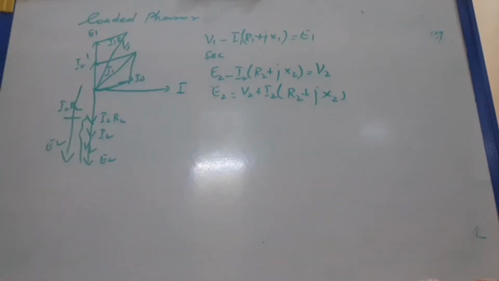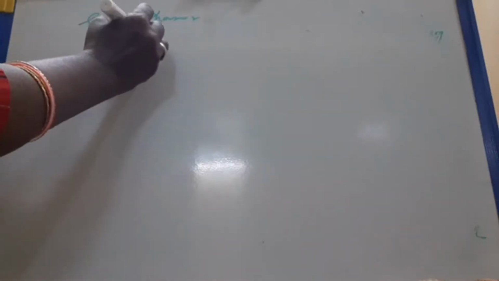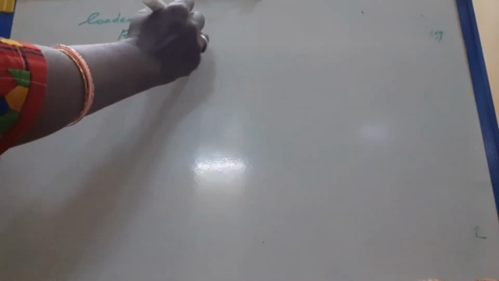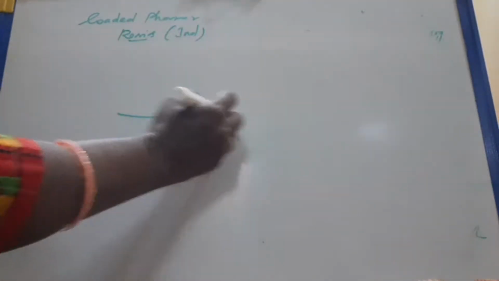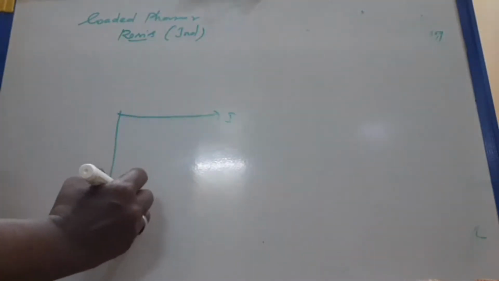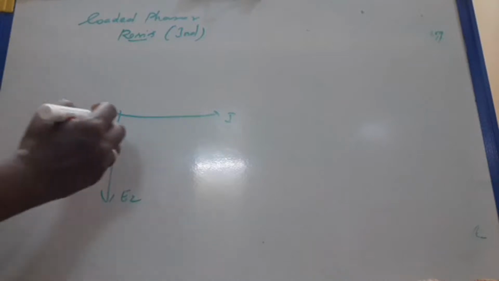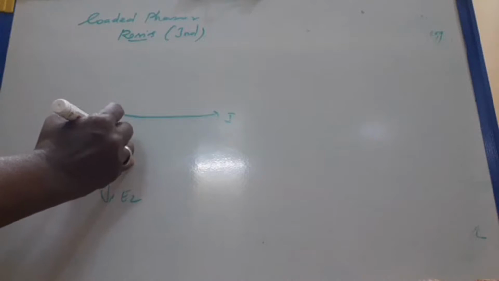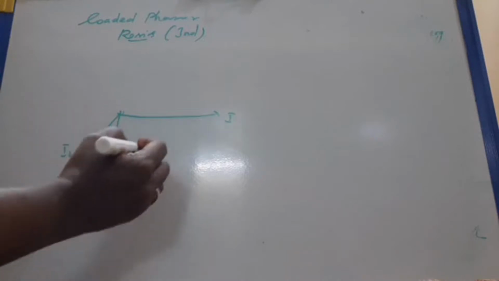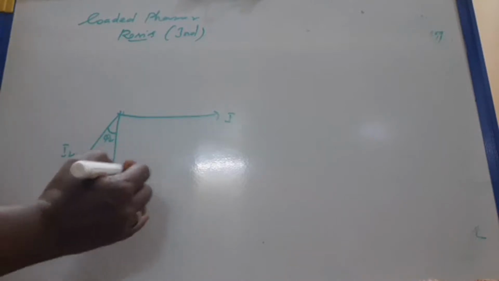Similarly, if it is an inductive load, take I as the reference. E2 is the induced EMF in the secondary, and I2 lags by an angle phi 2. In the direction of I2, we draw I2 R2.